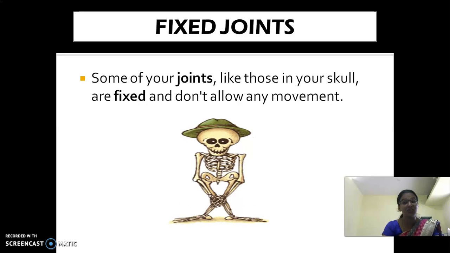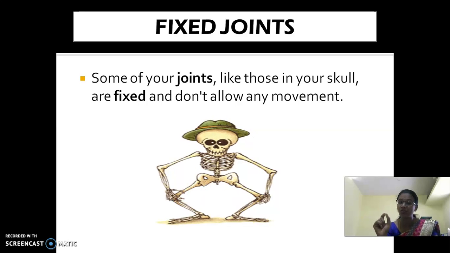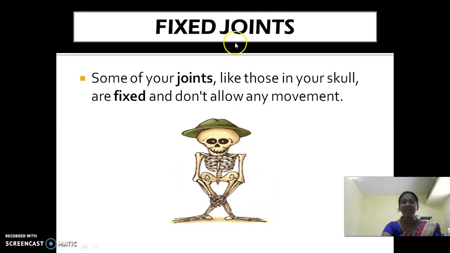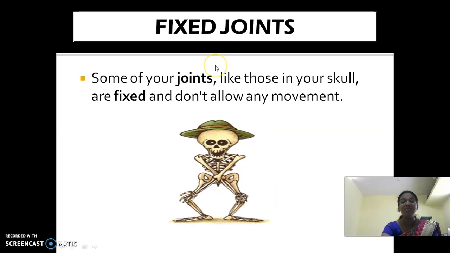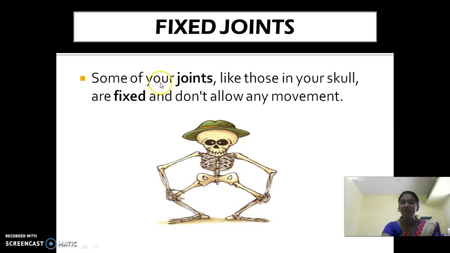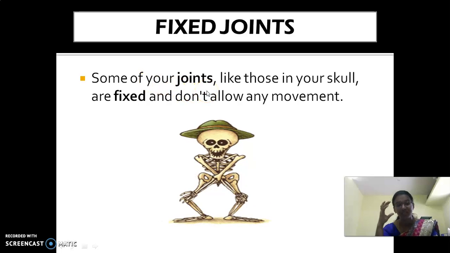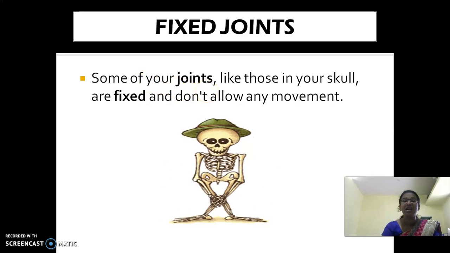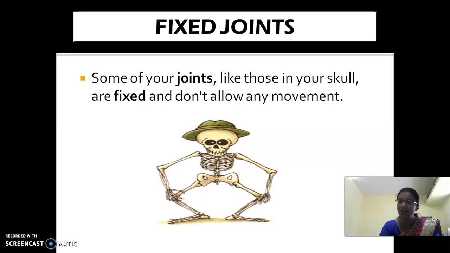Next is fixed joint. This is the topic which we discussed while writing the answer for the question. First, write down the definition of fixed joint. You can write this definition, or go through your book and write it down: some of our joints, like those in our skull, are fixed and don't allow any movement.